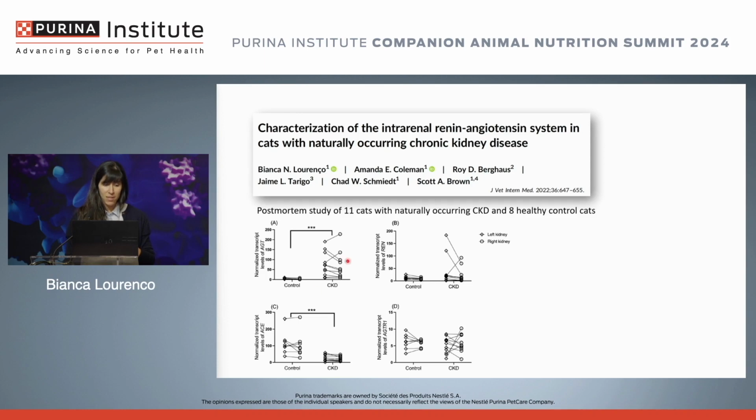And what we saw was a significant increase in the transcription of angiotensinogen in cats with CKD relative to controls. That was very exciting to us because we know that the intrarenal RAS regulation appears to be related to the generation of angiotensinogen and not renin, so that was exciting. Interestingly, they had a downregulation of angiotensin-converting enzyme, which was unexpected.